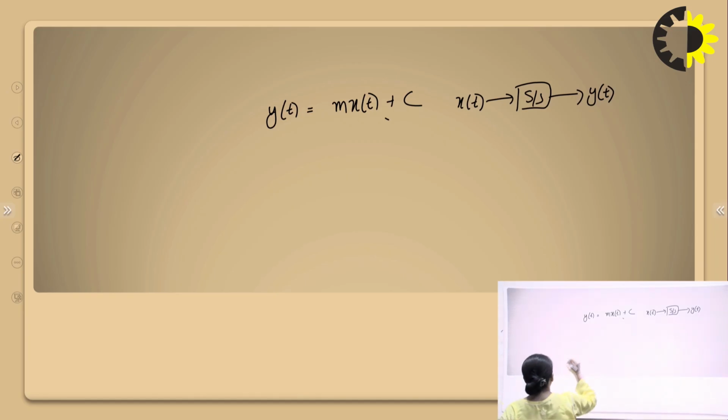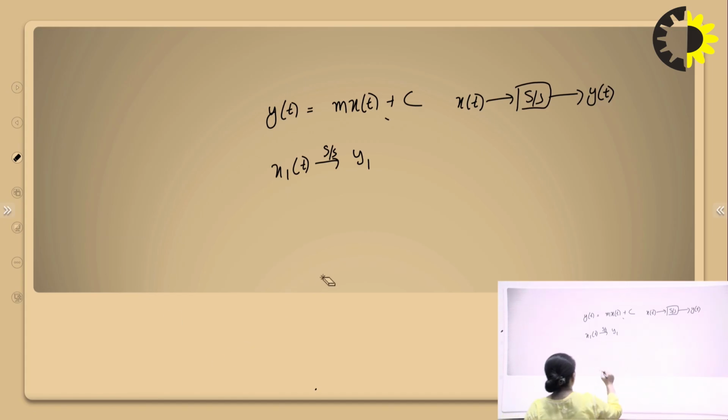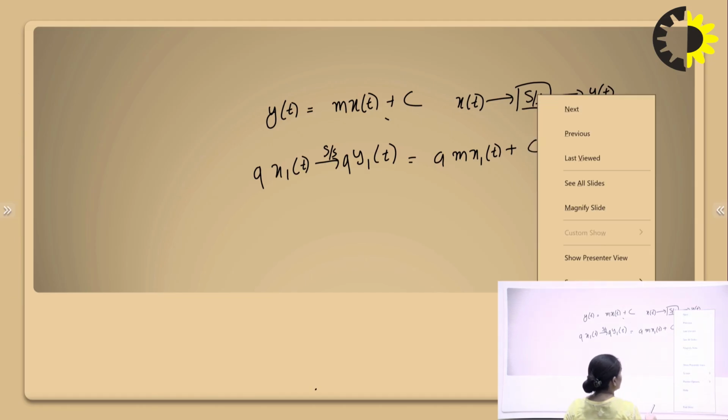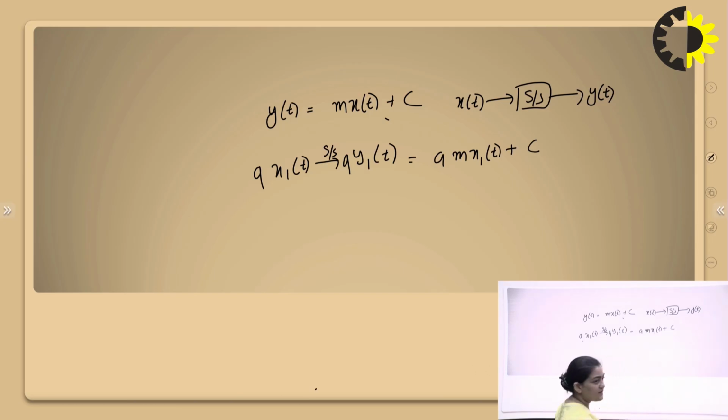Now if I give a of x1(t) to the system, I get a of y1(t), which equals a into m x1(t) plus c.